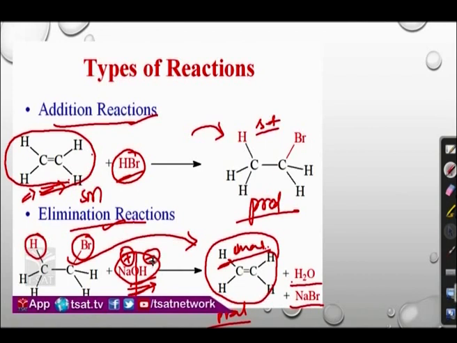The Na+ is going to combine with Br-, so that it forms NaBr, and OH- is going to combine with H+, so that it forms H2O. The net eliminated product is HBr. So, here the product is formed by the elimination of one molecule, that is HBr. Okay. So, this type of reaction is said to be an elimination reaction.